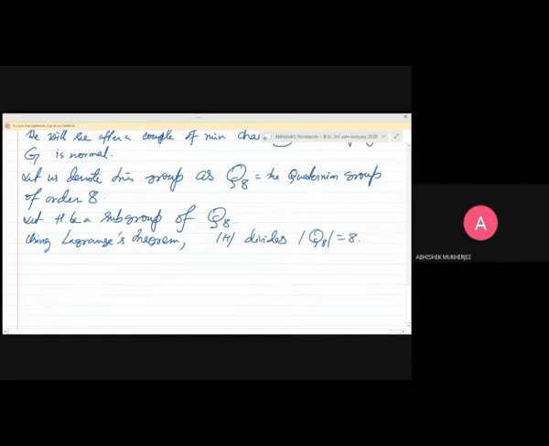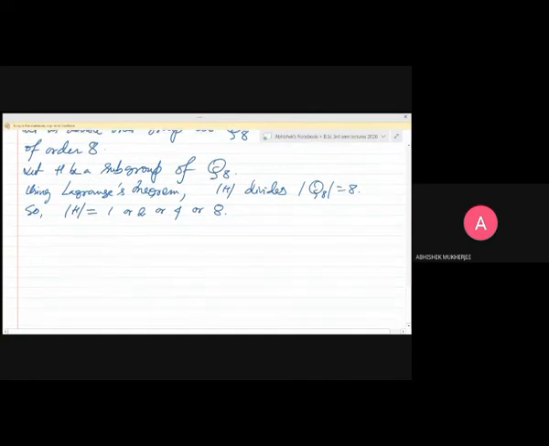So the order of H is a divisor of 8. So the possibility of the order of the subgroup must be either 1, or 2, or 4, or 8, right? Now if the order of H is 1, then we are done, because H is the trivial subgroup containing the identity.